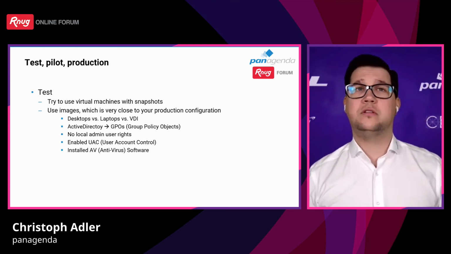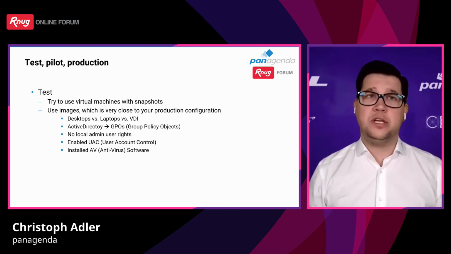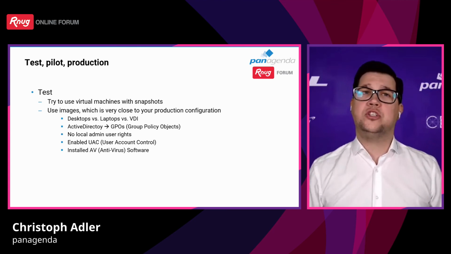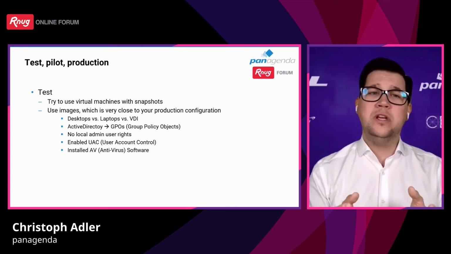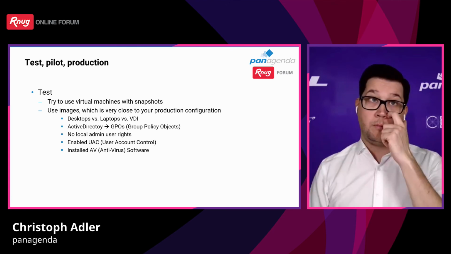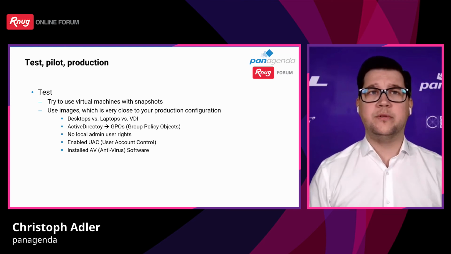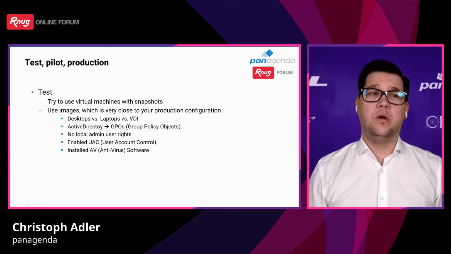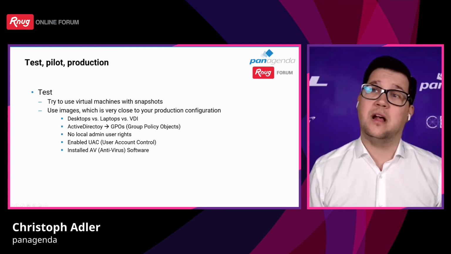If you use anti-malware or antivirus software, put that on the machine. Put everything you can on the machine so that the virtual machine is really like a normal Windows client in your infrastructure, because most of the issues during an upgrade will be caused by those objects, not by nodes itself, right?